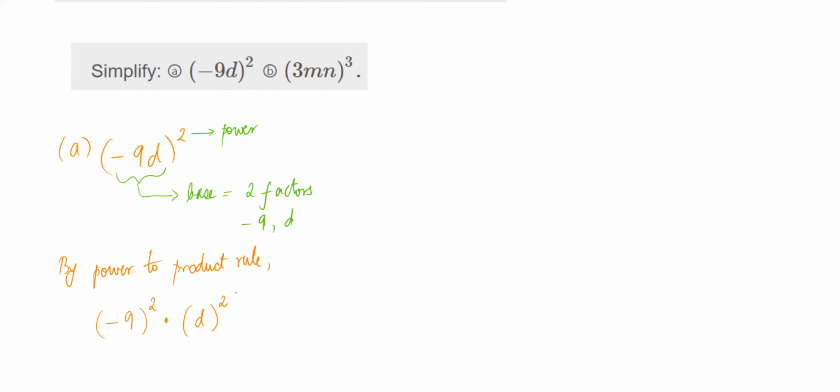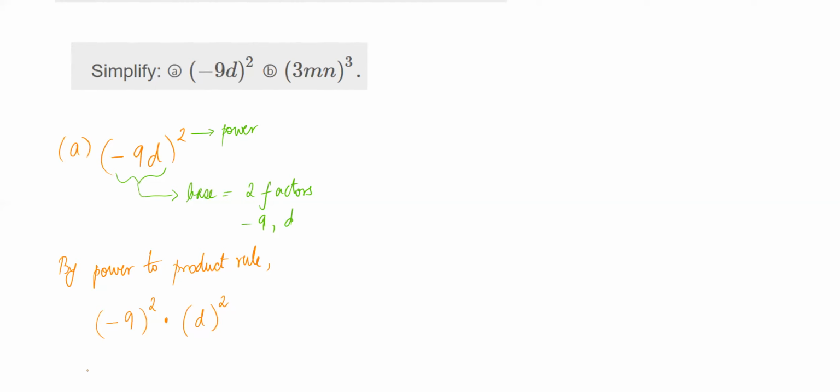Because with the negative and all that, I like to put the parentheses. Especially with the negative, if you didn't put the parentheses, it's going to make it completely wrong, right? Because it becomes negative and only the 9 gets the power 2, which is incorrect. Negative 9 was grouped together in the base, so that negative 9 gets the power 2. The d also gets the power 2. This is the reason why I like to put the parentheses.